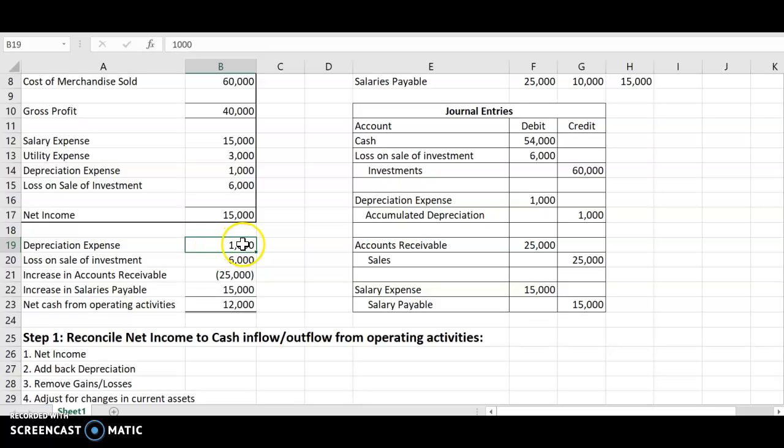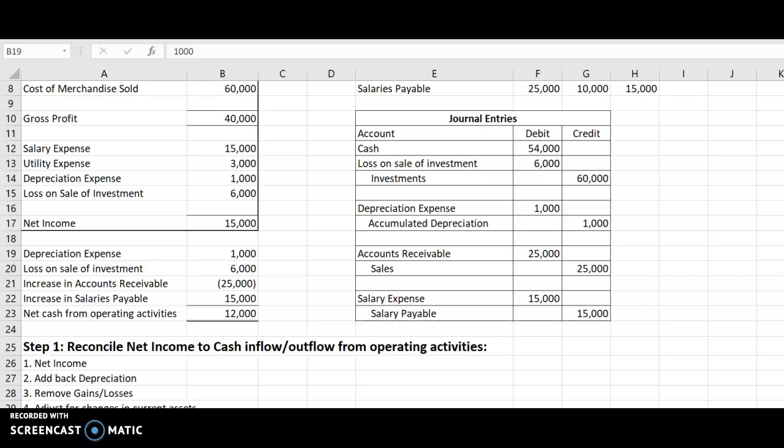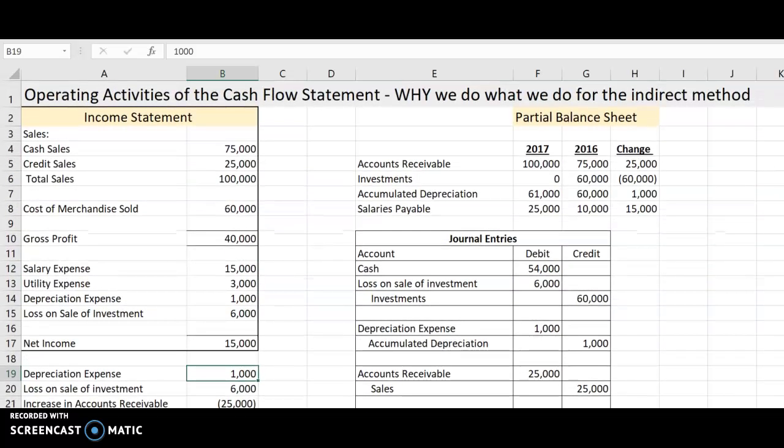It was easy for us to see depreciation expense because we do have an income statement. If you would have just been given your balance sheet, you would have been able to look at your change in accumulated depreciation from 60,000 to 61,000.